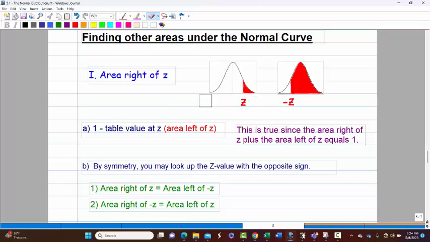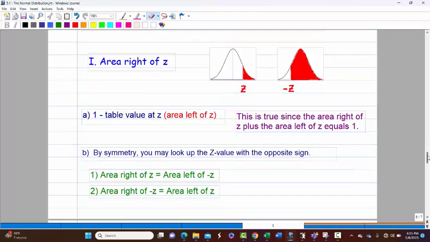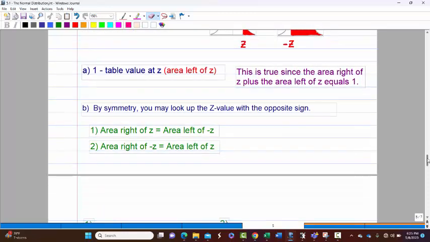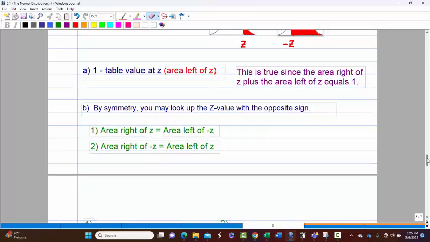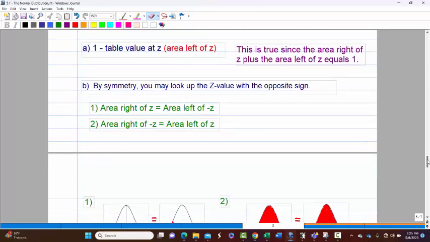So one way you can do it is these two pieces, the blank part plus the red part, have to add up to 1. So you could look up the z, and that's not going to be the answer, but since they add up to 1, because the total area is 1, 1 minus that value would give you the number you're looking for. Whether it's positive or negative, same principle: 1 minus. The other way, if you're using the chart, is to use symmetry.